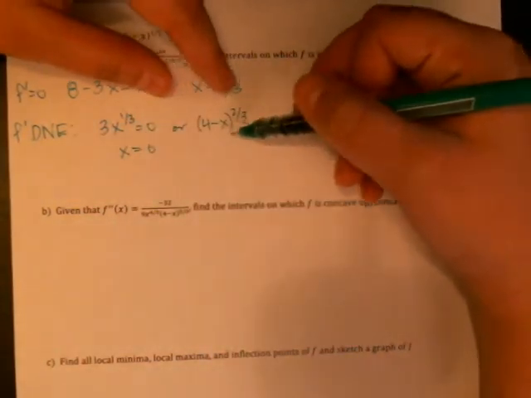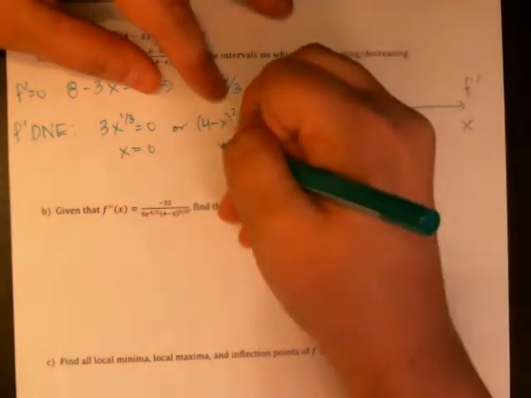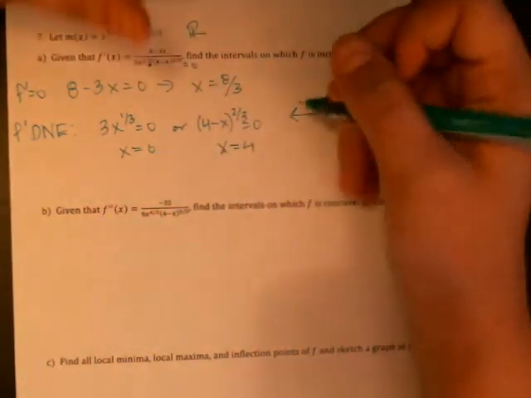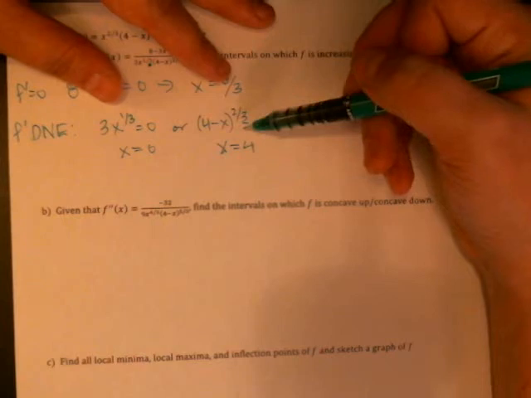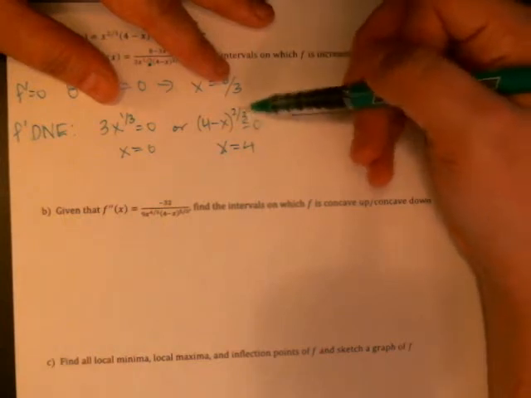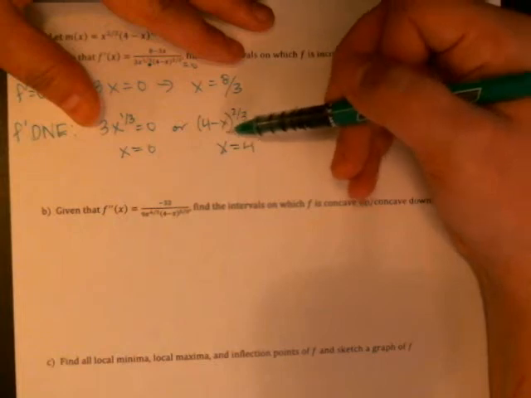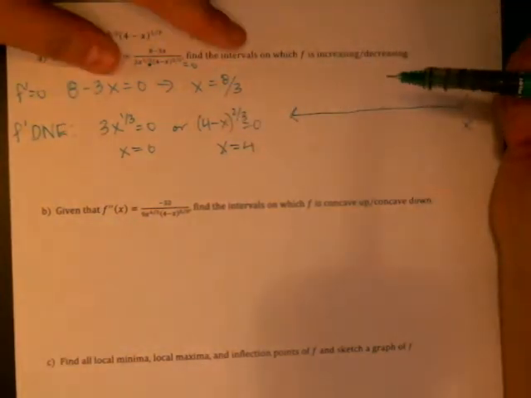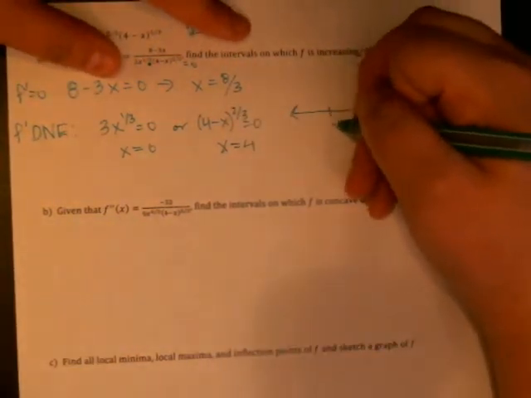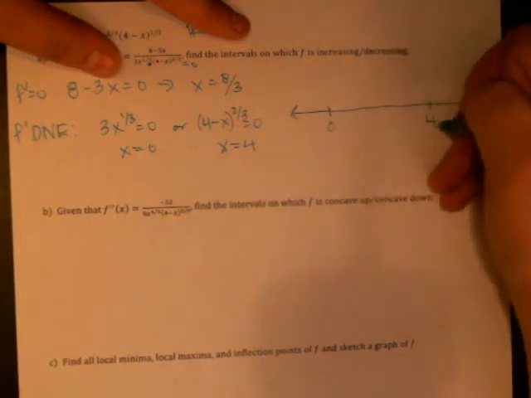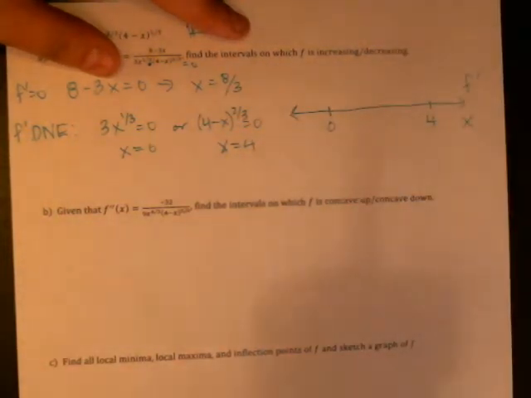And here, the only way to make this thing 0 is if x is 4. So again, if you want to crunch through those steps and be sure, this one, you could raise both sides to the 3/2 power to get rid of that, multiply powers and they would cancel, and then you could add x. Okay, so I'm interested in x equals 0, x equals 4, and 8/3, which is 2 2/3.